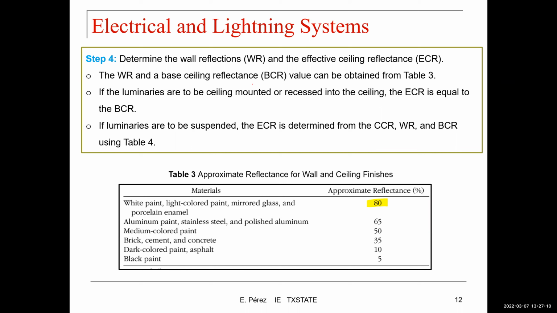Other materials, like brick, cement, and concrete, have only 35. Black or dark paint is going to be very low. So again, this depends on the material. For example, these walls are not white, but they're a very light color, so the reflectance should be higher than if we had very dark color walls.